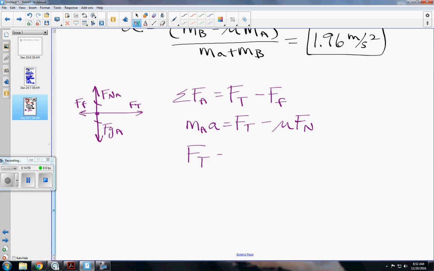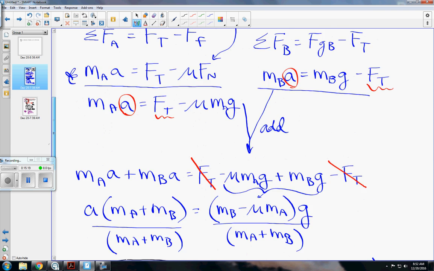And we're going to solve for force of tension. So we get force of tension equals, we'll add mu times normal force to both sides. So we get mass A times acceleration plus mu times mass A times g. And then you just plug in numbers. You'll see that this is the same equation that we had on the previous page when we solved for tension.